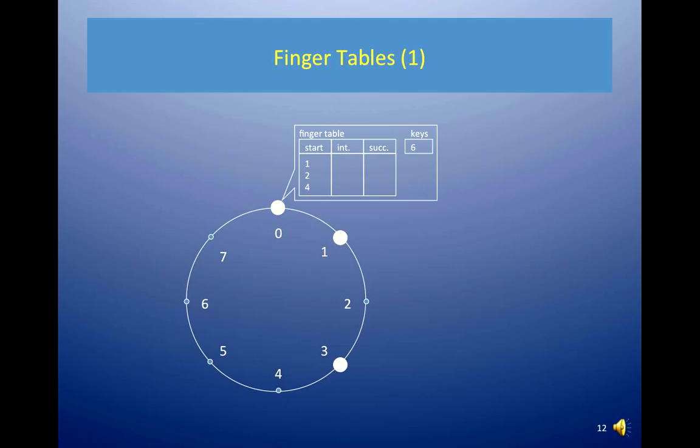So it maintains the key 1, key 2, key 4 information. The way it calculates is n plus 2 power i mod m being the identifiers. Here the number of identifiers is 8.